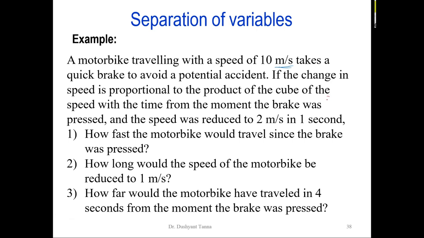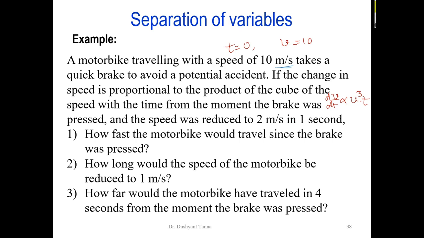So dv by dt was proportional to the product of the cube of the speed, v cubed, with the time t, right? When time was 0, the initial speed v is 10, so that's a hidden value given here. When t is 0, v is 10. That's given here.